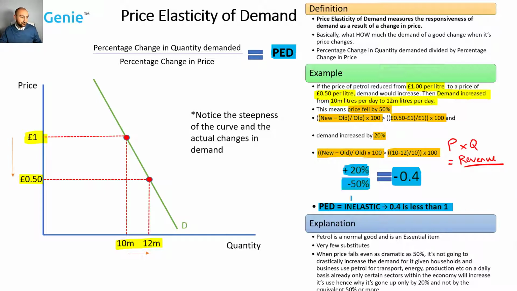So therefore, if we were to take into account the old section here between £1 and 10 million, this rectangle is much bigger than the rectangle of the new price and quantity.